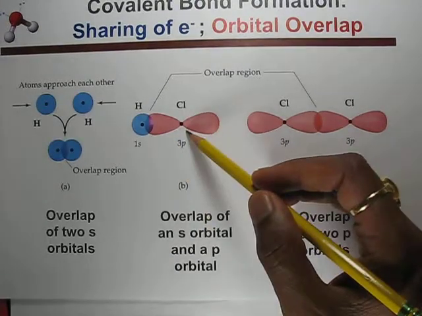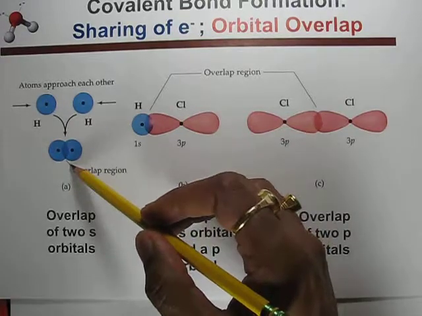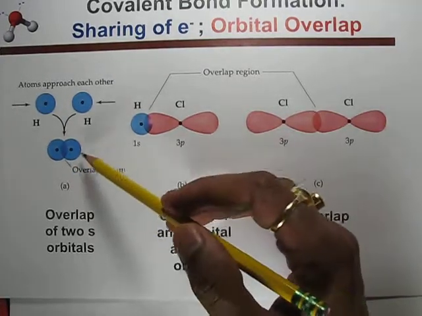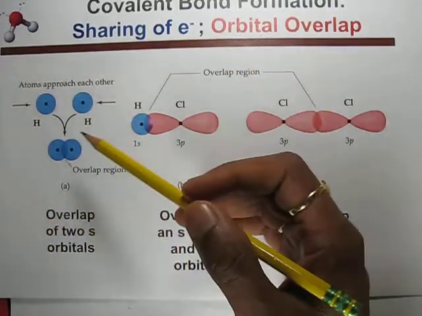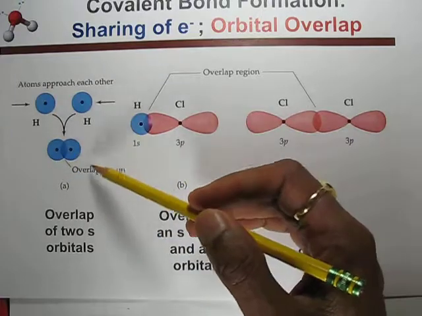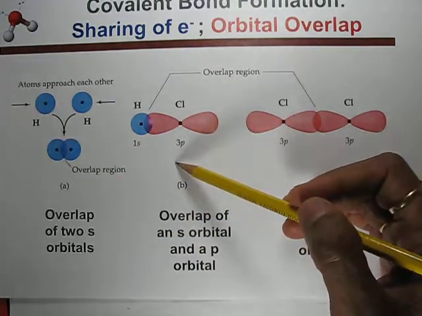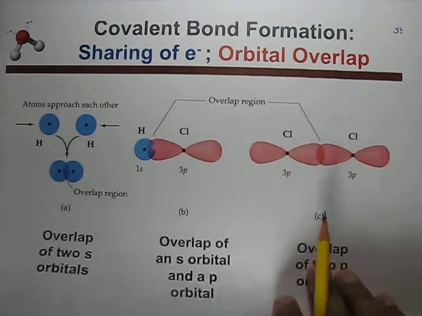So this is sp overlap, this is pp overlap, and this is ss overlap. There are three types of covalent bond: by ss overlap, sp overlap, or pp overlap. Let's see some examples.